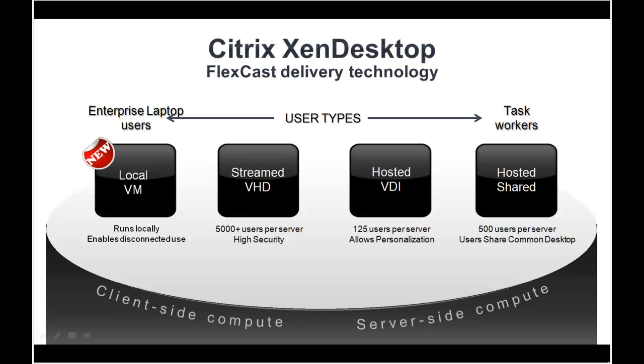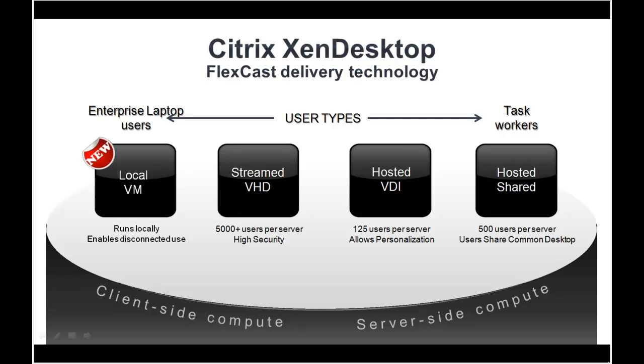So we have a variety of different technologies that allow you to deliver the right kind of desktop to the right kind of user. I think one area where we've had a hole before is enterprise laptop users that spend a lot of time disconnected, or are moving between connected and disconnected states. We had some offline application streaming technology that helped us there, but now we're excited about XenClient.